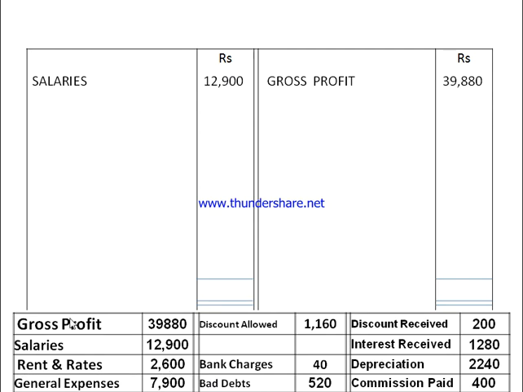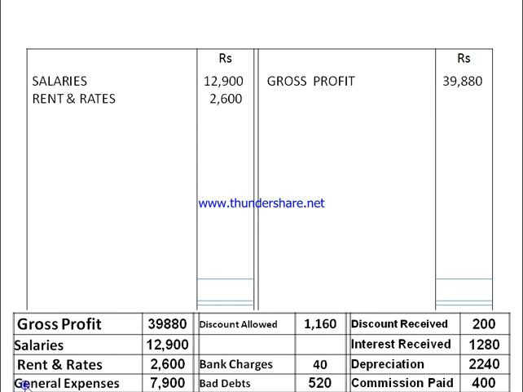Rent and rates will also be recorded on the debit side of the profit and loss account. So write down rent and rates 2,600. So these 2 expenses have been recorded.